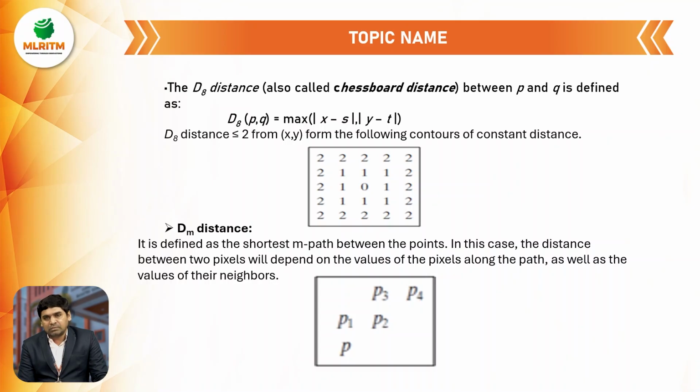Whichever value is maximum is the final D8 distance of P comma Q.